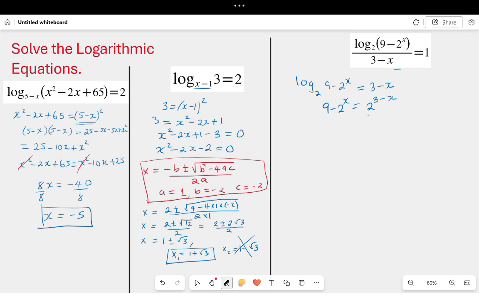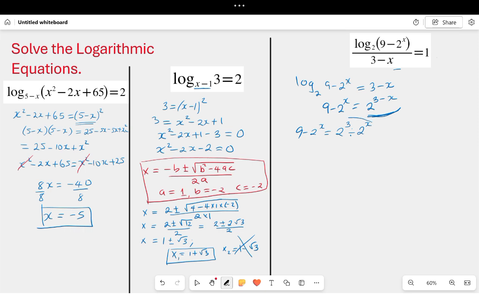Now, we want to fully understand what 2 to power 3 minus x really means. Alright, so let me write it again here. 9 minus 2 to power x will be equals to 2 to power 3 divided by 2 to power x.